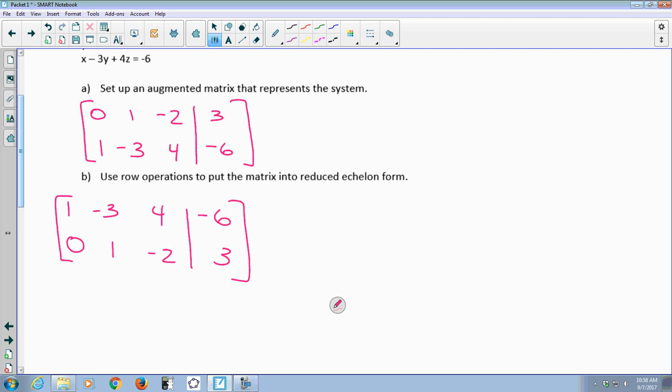So I have a 1 here, I want to make a 0 above it. So my next step is going to change row 1, is going to be row 1 plus 3 row 2. So row 2 stays the same, 0, 1, -2, 3.